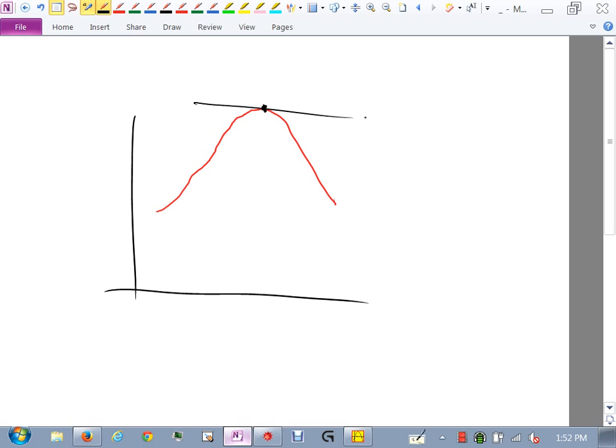I could not avoid it. If I draw a minimum, maybe I try to get clever and do a cusp. Now I've created a minimum. My derivative is not 0 there, but my derivative is undefined. The derivative does not exist. So the theorem that I just gave you reads this way: if you have a maximum or a minimum value at a point, it's guaranteed that the derivative there is 0 or undefined. Y'all okay with that?